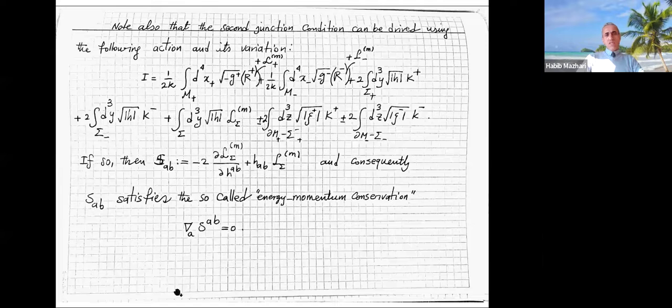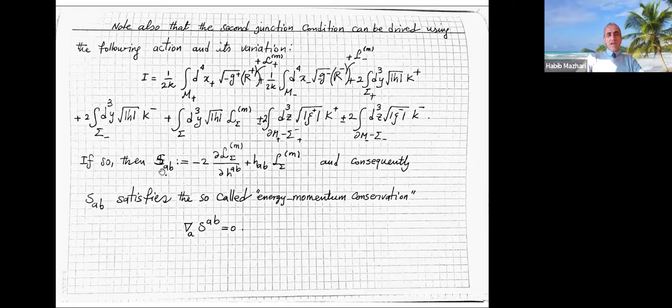Now, just as a reminder, what we found as the first and second junction conditions can also be found directly from the variation of the full action, which I'm not going to consider here, but just for your information.